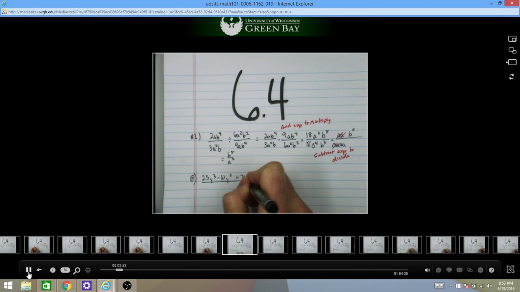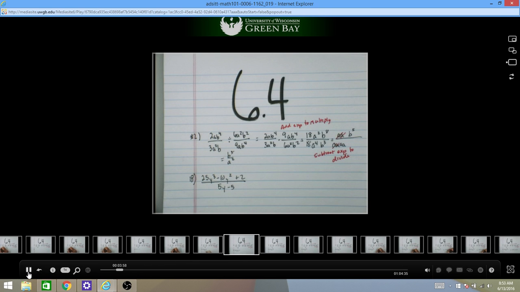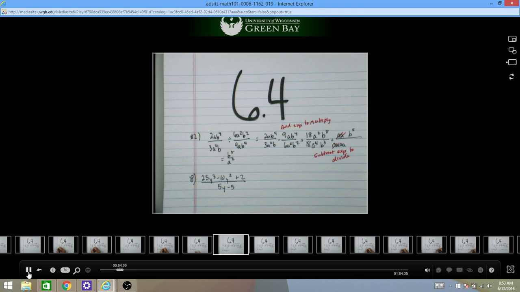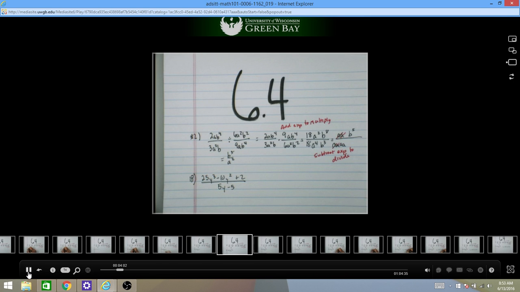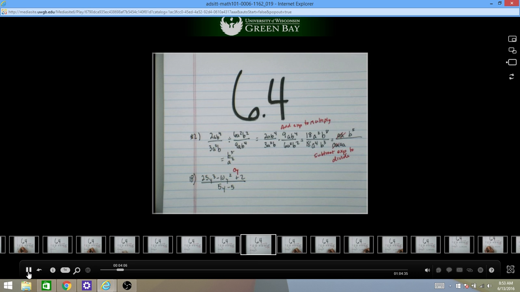So since we're dividing using long division, we'll set this up using long division. And you notice we don't have a y, just plain y. We have y cubed and y squared, but we don't have a plain y. So we'll put a 0y in for a placeholder on this problem.